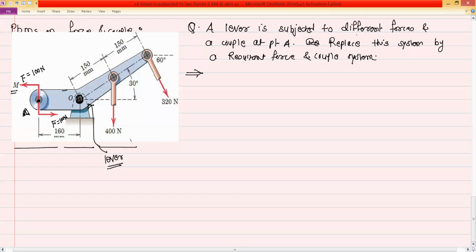A lever is subjected to different forces and a couple is acting at point A. Replace this system by a resultant force and couple system.